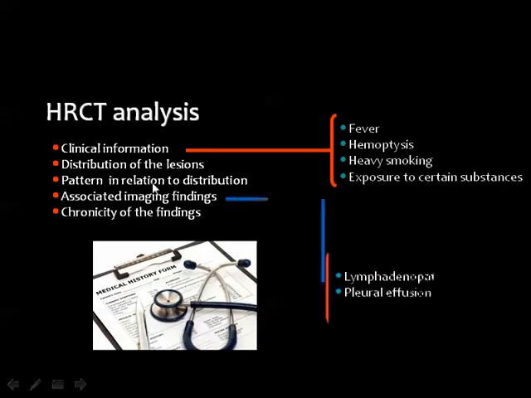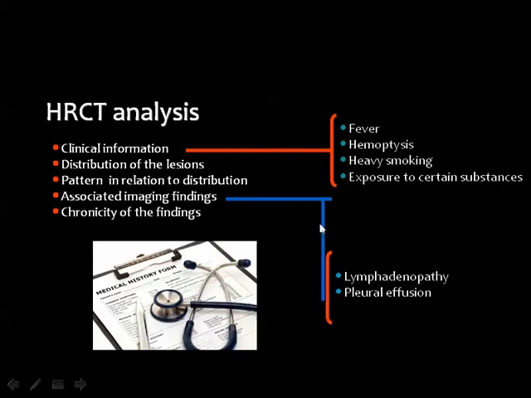Then the distribution of the lesion. Where is the lesion? Is it interstitial or reticular pattern? Is it alveolar pattern or miliary or cystic? Then the pattern in relation to distribution: is the lesion peripherally located or centrally located, is it in the apex or in the base?